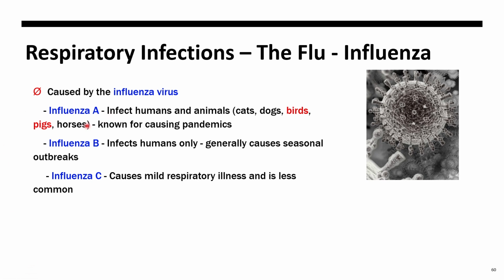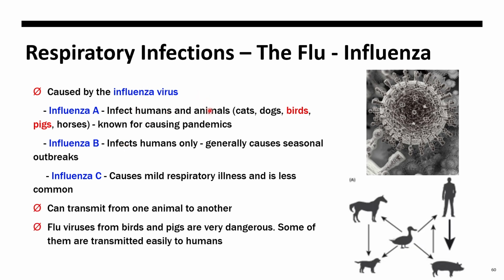There are different types of influenza viruses that can infect different categories of organisms. The flu can be transmitted from one animal to another, and also from human to animal. Flu viruses that transfer from birds and pigs are very dangerous.